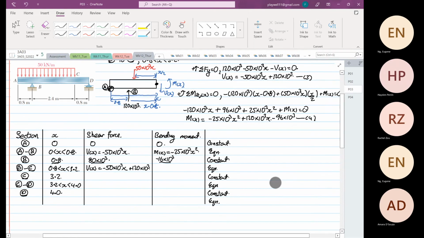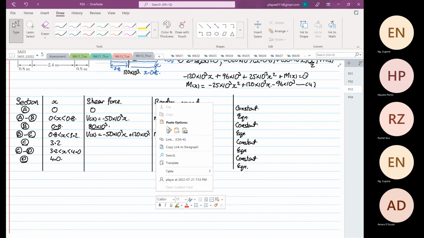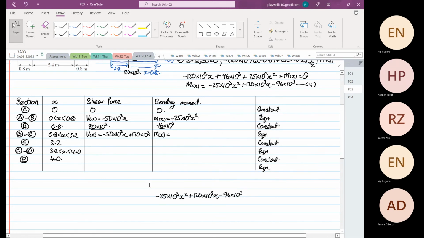And then we have a moment equation. And this will be equal to the entire term over there. Okay. I'll just copy and paste. I need more space. Not enough space.